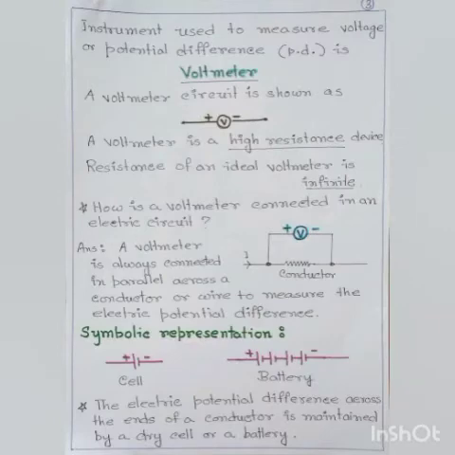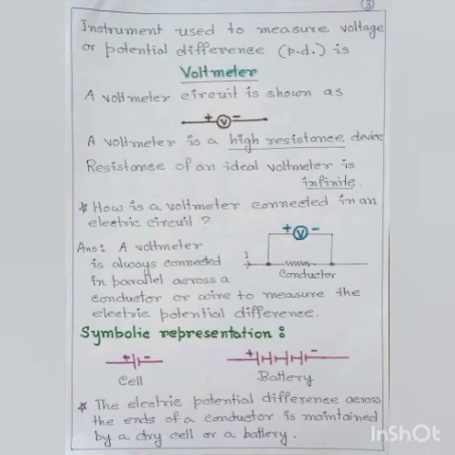Clear? The instrument used to measure voltage or potential difference is the voltmeter. And what is the circuit representation? I have drawn it here. And remember, a voltmeter is a high resistance device and the resistance of an ideal voltmeter is infinite.